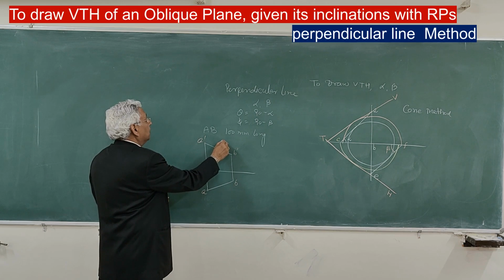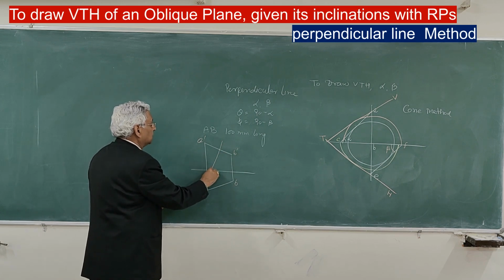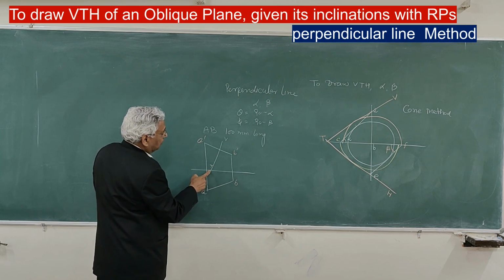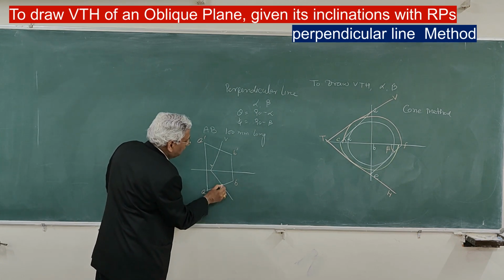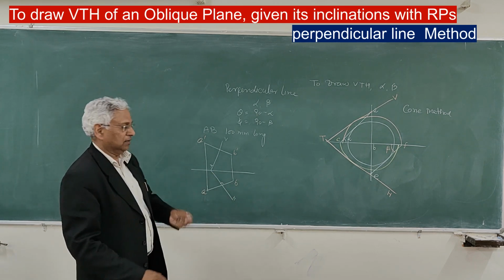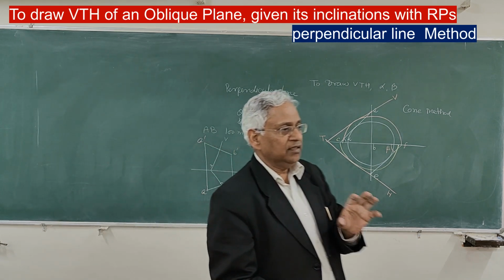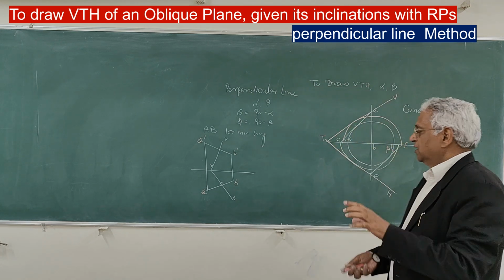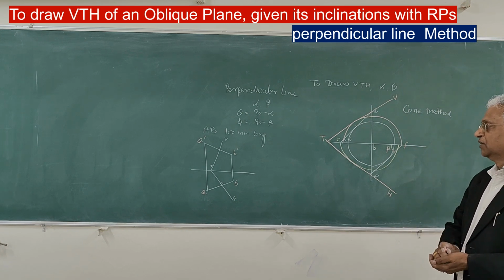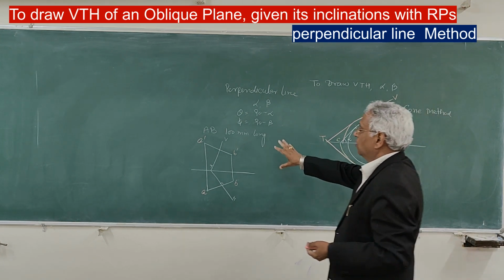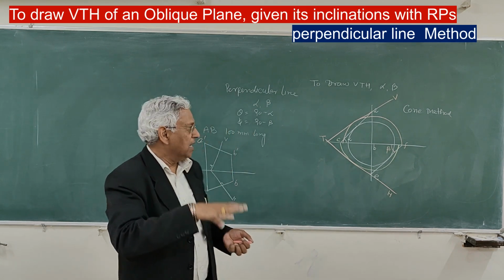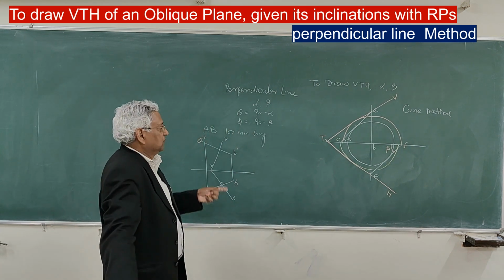You draw a line which is perpendicular to this elevation, that is the vertical trace. And from this point T, you draw a line perpendicular to the plan, that is the horizontal trace. A simple method. When a line is perpendicular to a plane, its traces will be perpendicular to the projections of the line. So that is another method of determining traces of an oblique plane when angles alpha, beta are known.